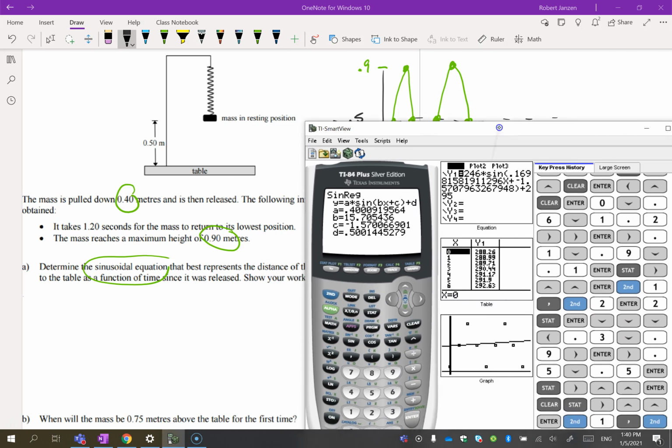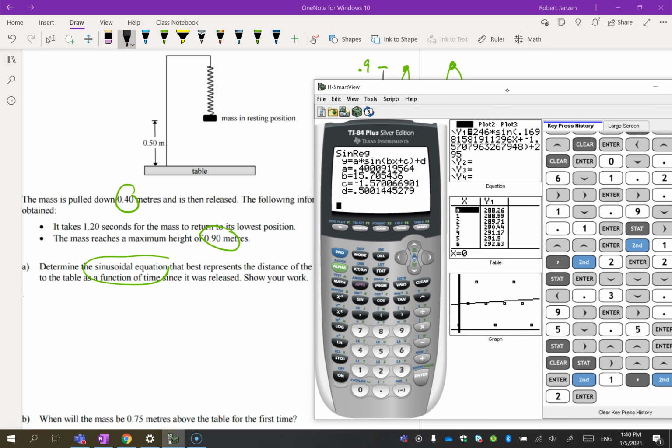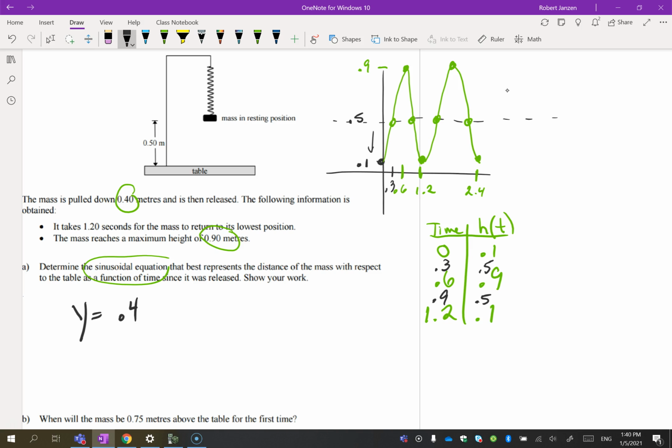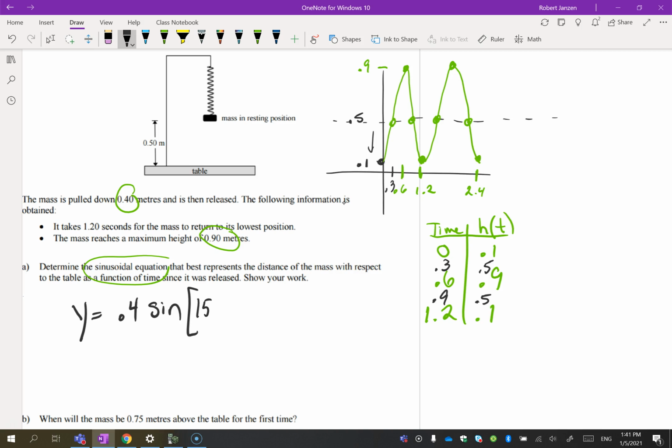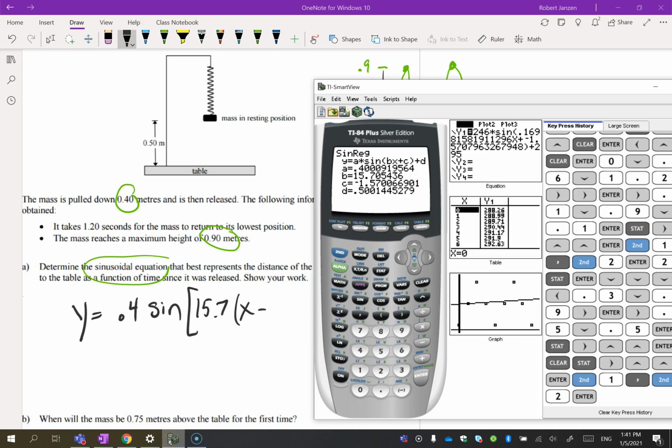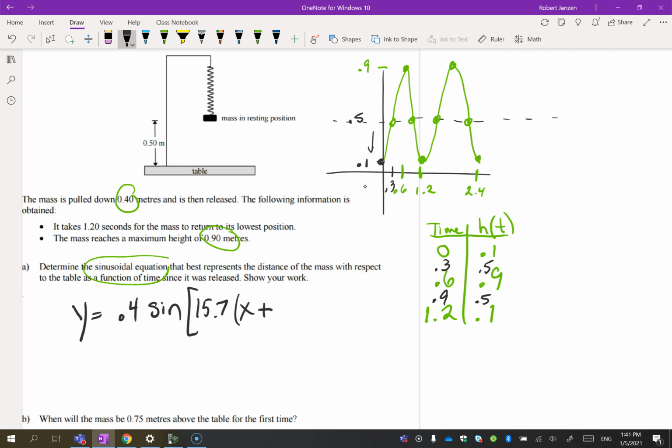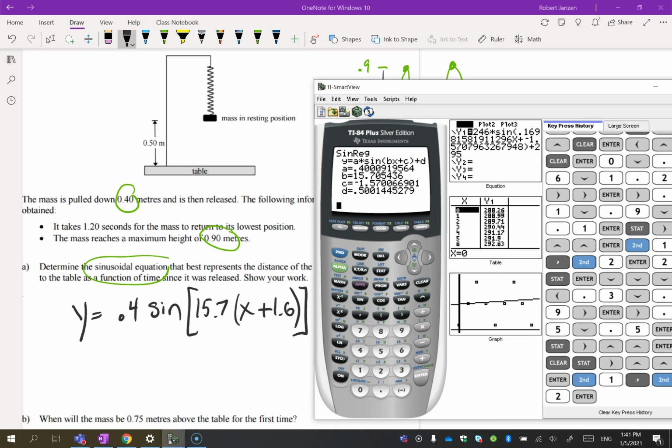Okay, determine the equation. Well, we're going to have y equals 0.4 sine, okay, and then b is 15.7 x plus 1.6, and then plus 0.5.